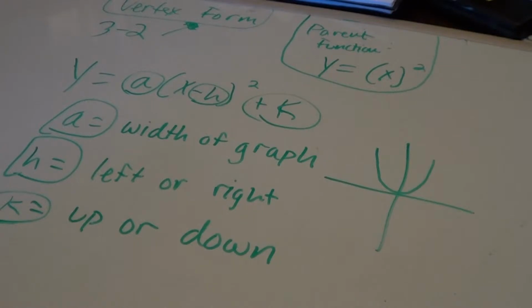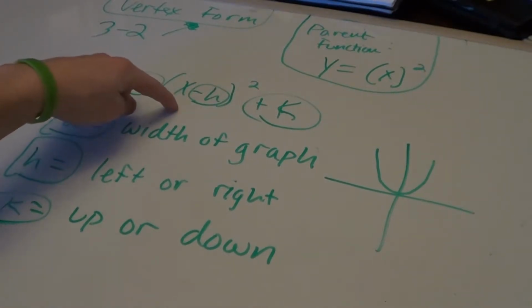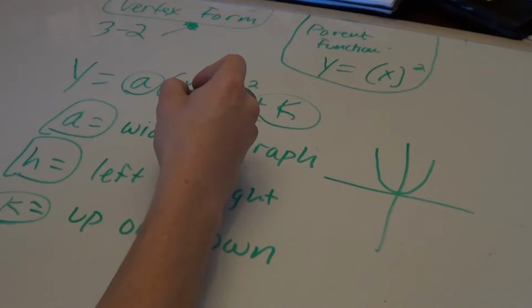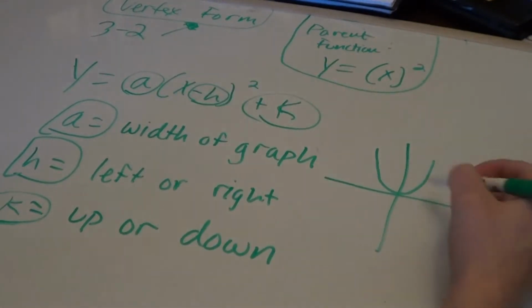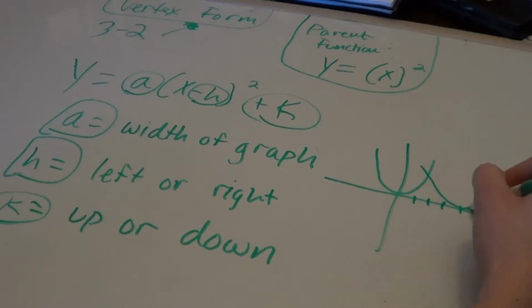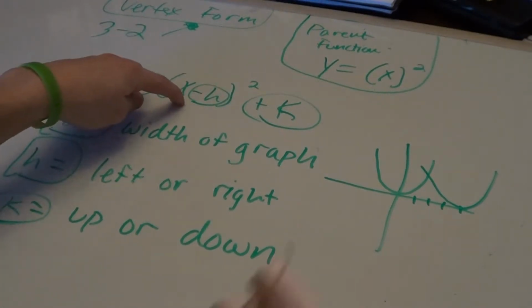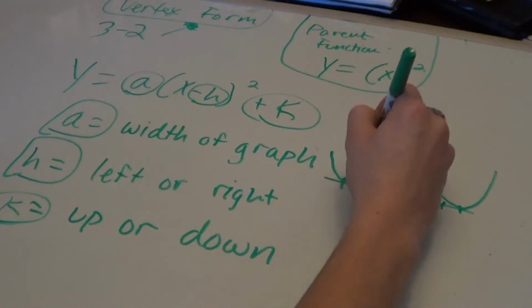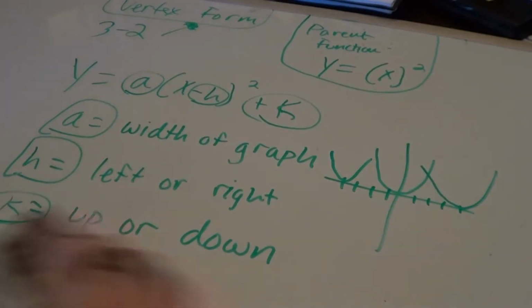If it is a negative h, like it is here in the equation, that means it's going to be a positive value over here. So if it were a negative 4, then it would be 1, 2, 3, 4, and it would be right there. And it would be the same if it were the opposite. So if it were a plus 4, it would be 1, 2, 3, 4 to the left of the origin.